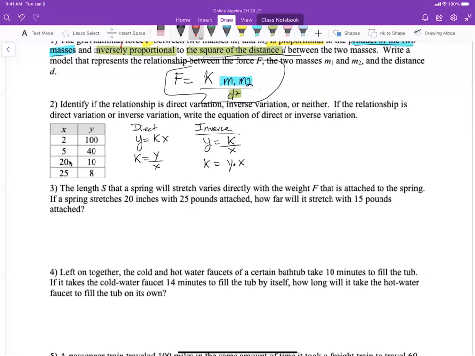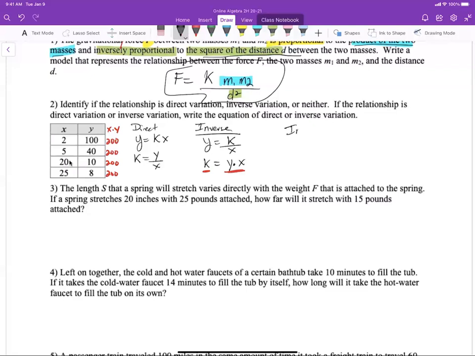Now let's look at the products between x times y. 2 times 100 is 200. 5 times 40, 200. 20 times 10, 200. 8 times 25, 200. It would appear that when I multiply the two numbers together, I get a constant value.